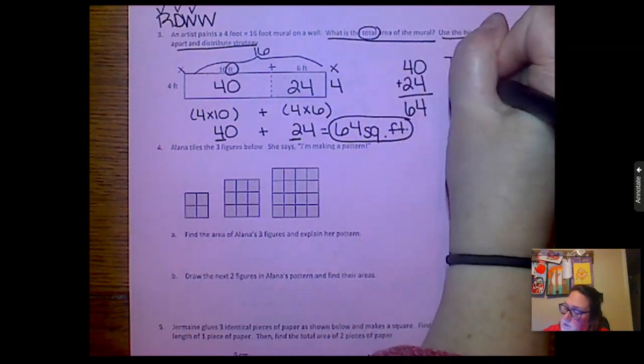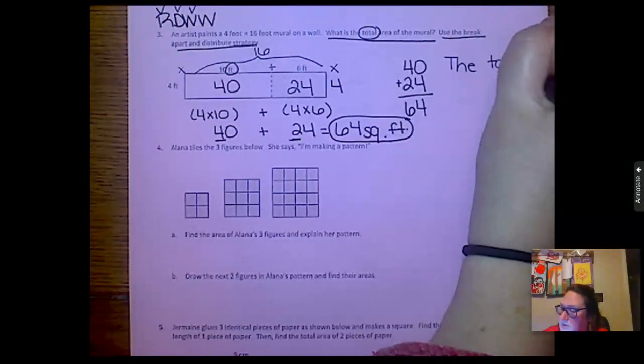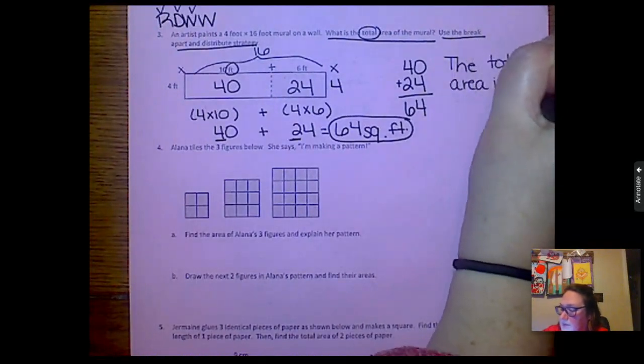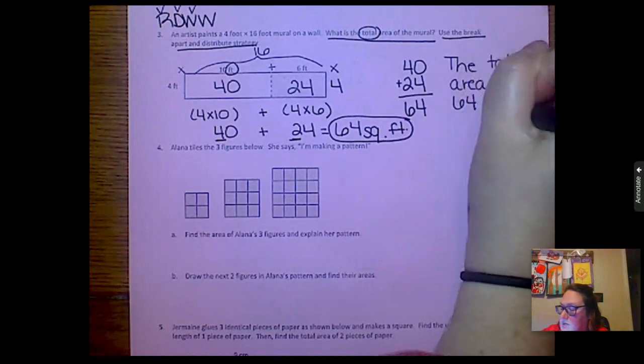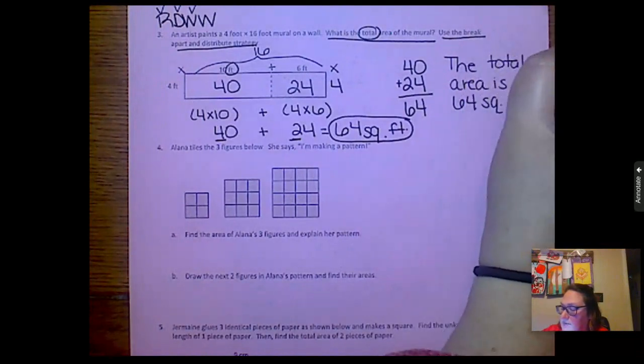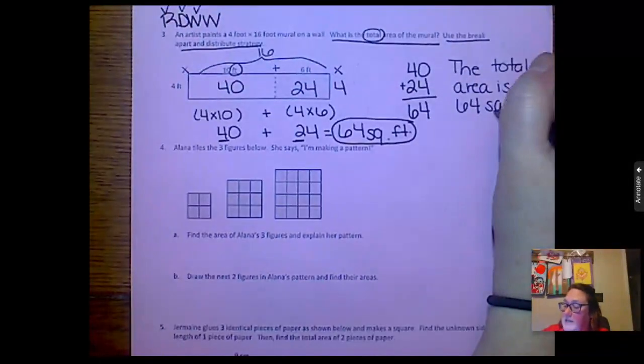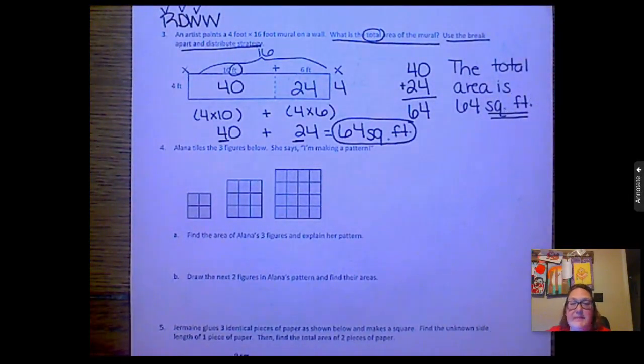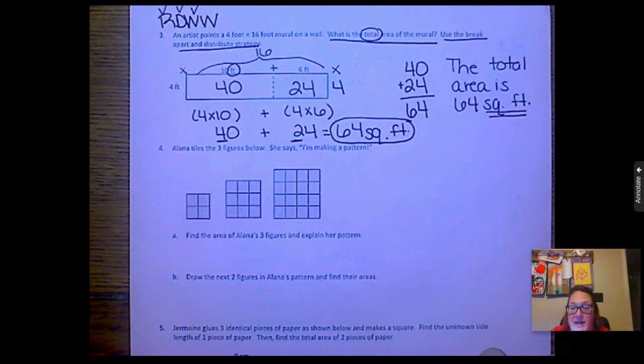So the total area is 64 square feet. Again, we need to make sure if it's area that we give it that label, right? And it has to be square feet because we're filling it with square tiles, right? Good.